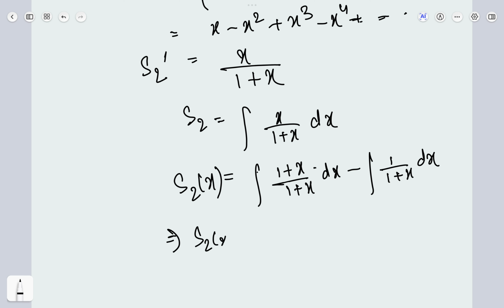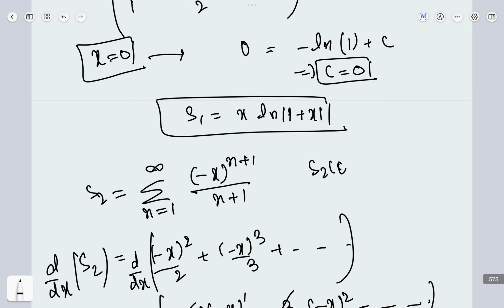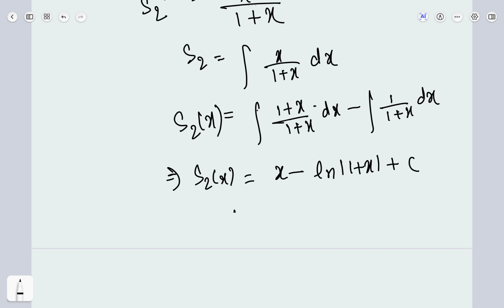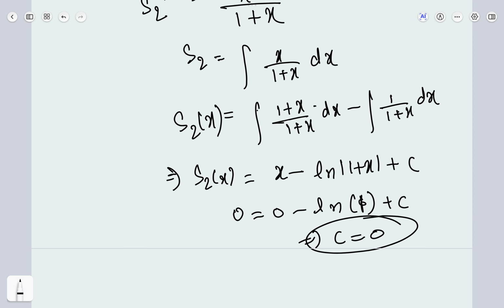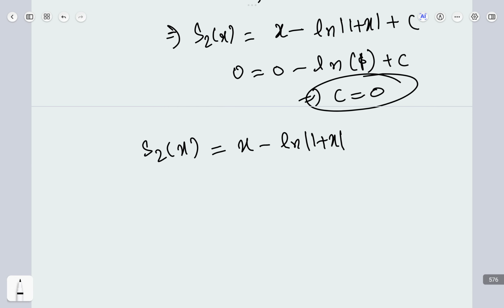So S2 of x can be written as x minus ln mod 1 plus x plus c, and again S2 of 0 is equal to 0, which I can probably put directly here, right? So again c is equal to 0. So S2 of x is equal to x minus ln mod 1 plus x, and yeah, that's it.